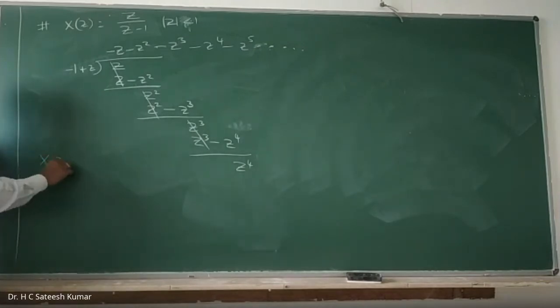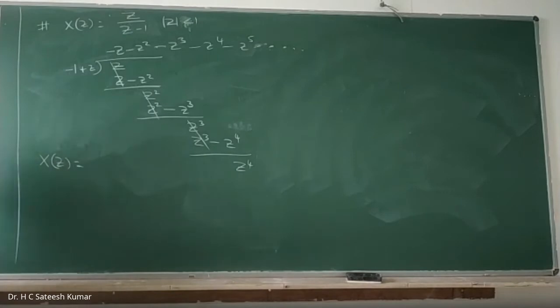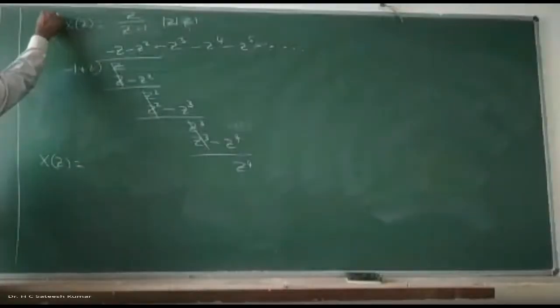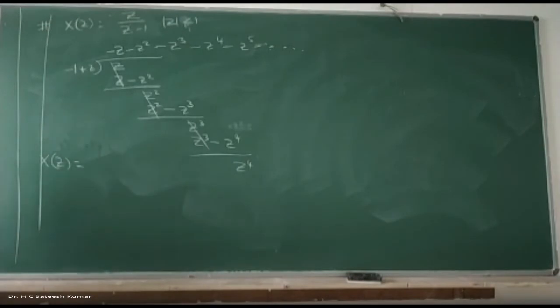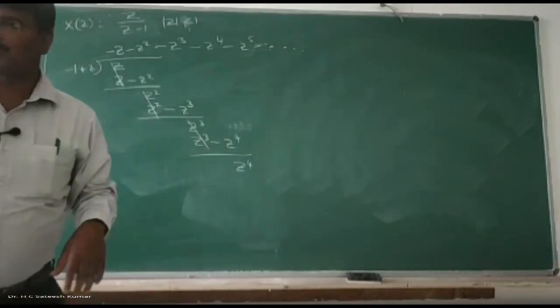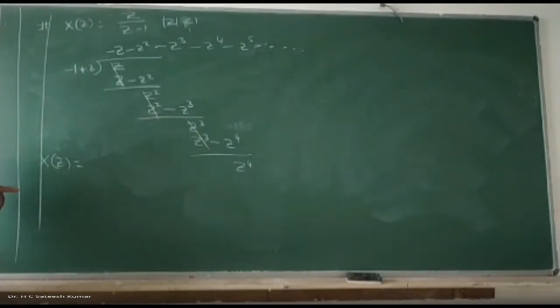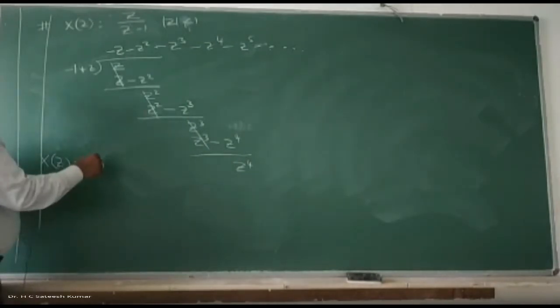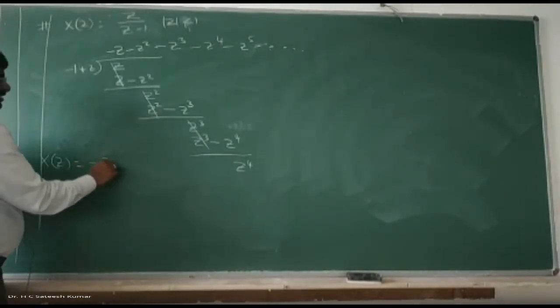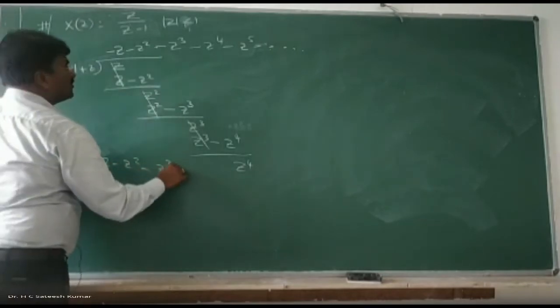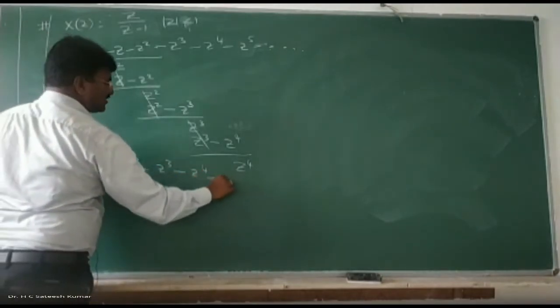So x of z is equal to minus z square minus z cube minus z to the power of 4 minus z to the power of 5.